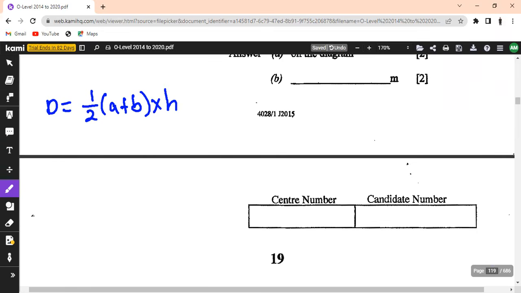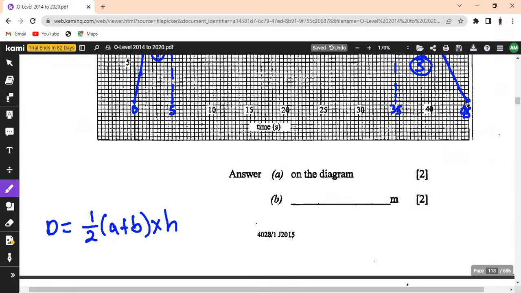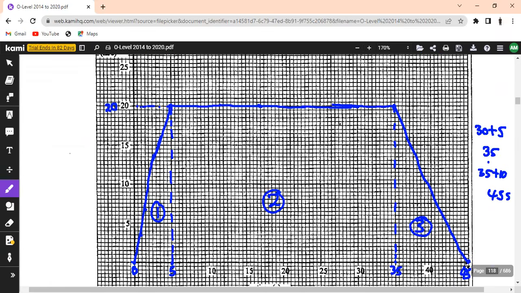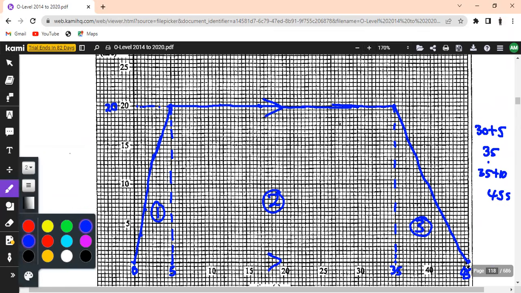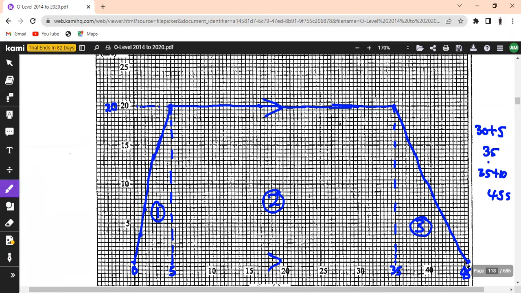So in this case, for my parallel sides, let me indicate back here. These are the parallel sides, the sides that will never meet, which means we are referring to this side and this side. So we need the corresponding value from this point here and this point here. So remember, this is 5 and this is 35. So 35 minus 5, which means we have got 30 here.